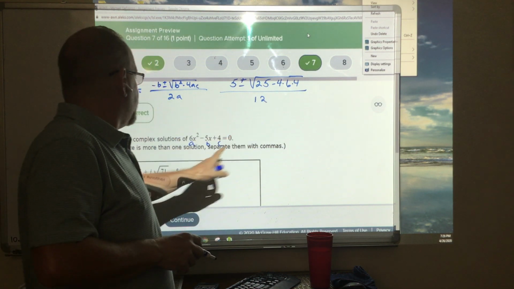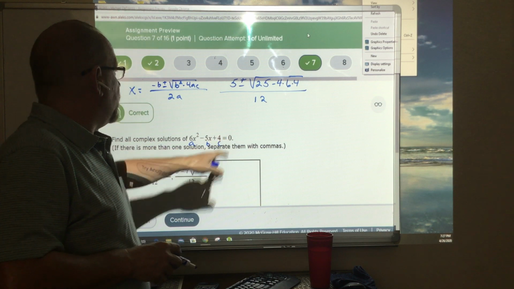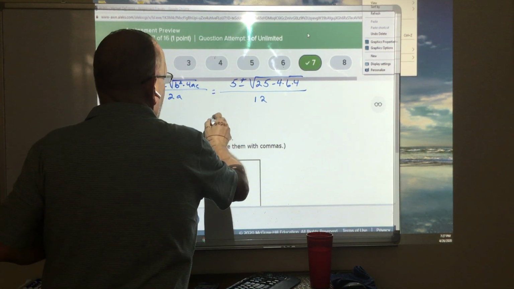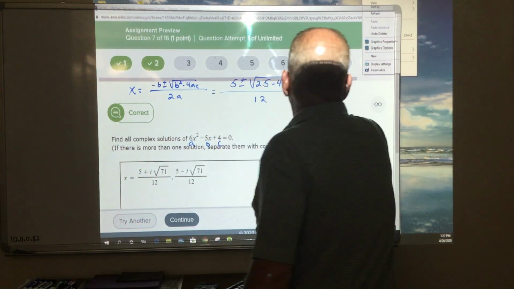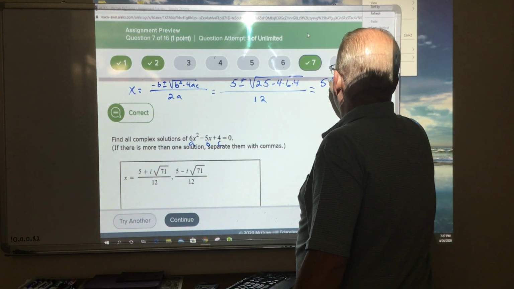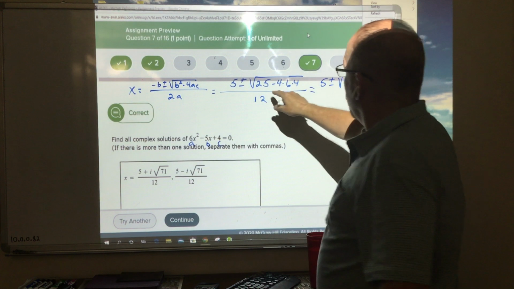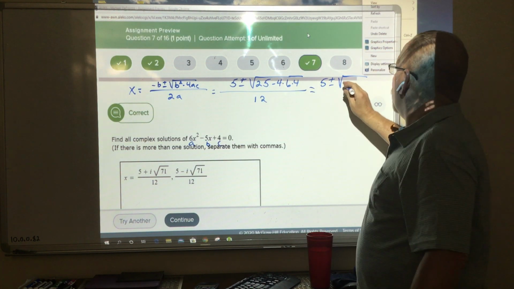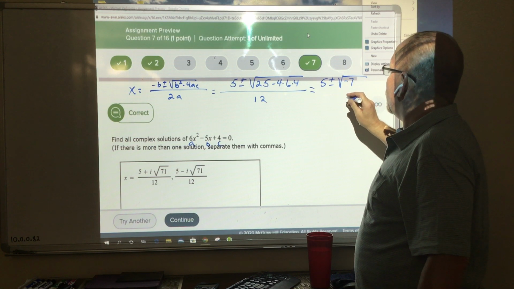Okay? And then if we simplify this, we're going to get 5 plus or minus the square root, and this becomes 25 minus 96, or -71, all over 12.